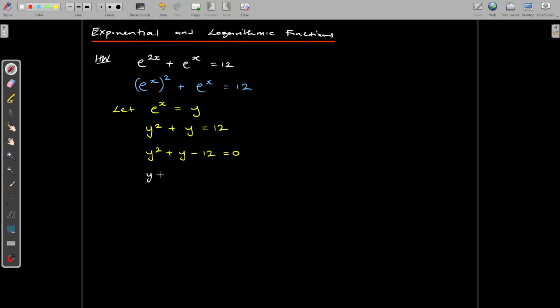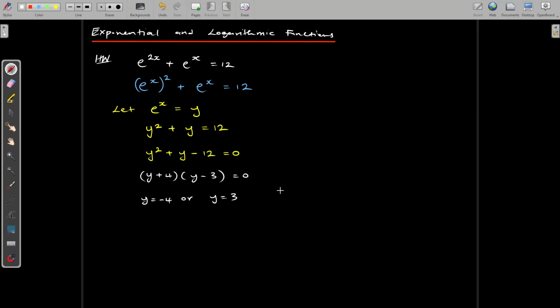So it is y plus 4, y minus 3 is equal to 0. So y is equal to negative 4, or y is equal to 3. Alright, so these are the two possible solutions.